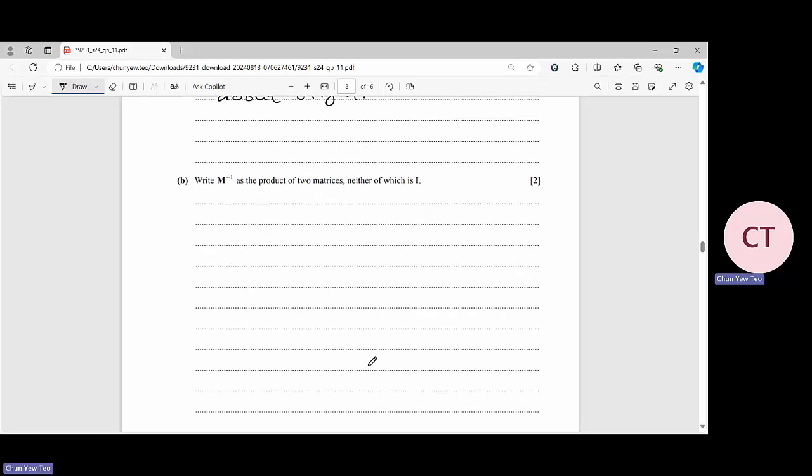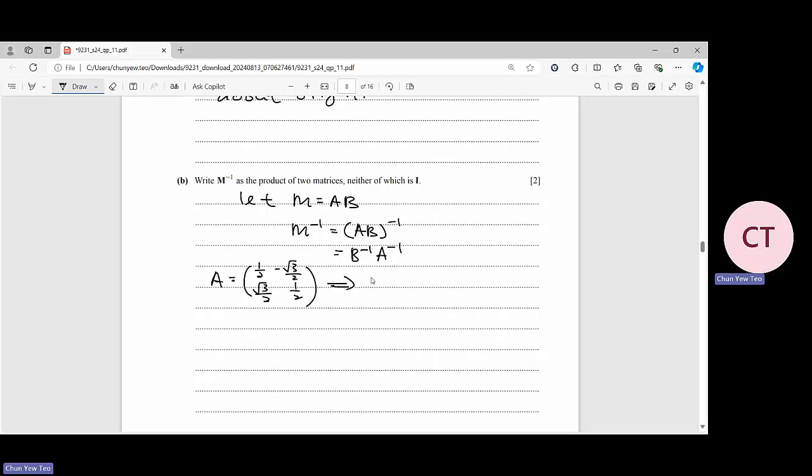Then the 4B, they're asking you to write the M inverse as the product of the matrices. So we just let our M equal AB. So your M inverse is equal to the AB inverse, which is equal to B inverse and A inverse. First of all, we need to know this result. So what is our A? Our A is the rotation, so root 3 over 2 and half.